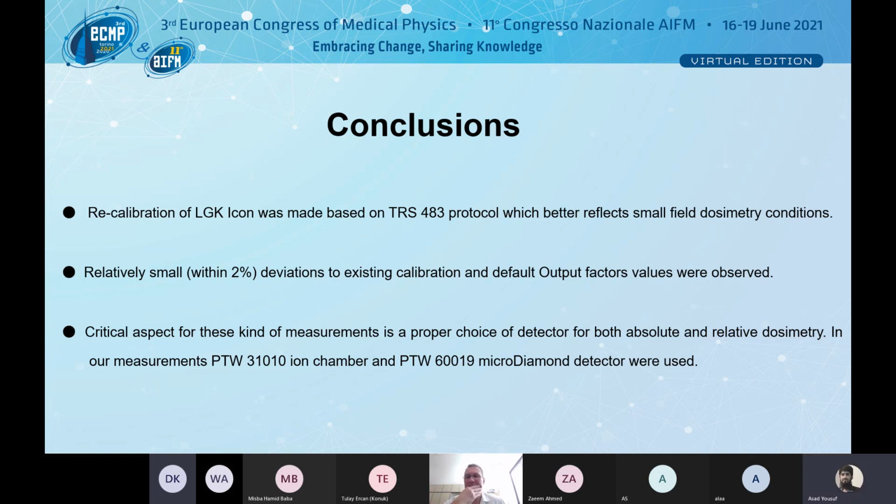Okay. Do you have any idea whether for the triple F beams we have to recalibrate with the TRS 483, or is there any recommendation? I think you should follow this new recommendation, but unfortunately, I am not a Linac guy now.